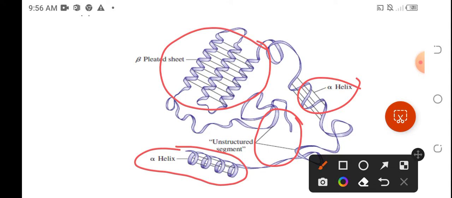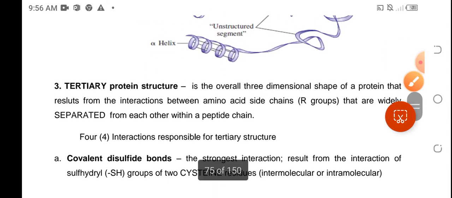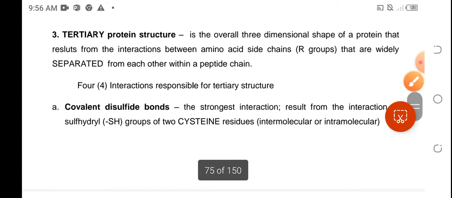Okay? So, another structure is the tertiary structure. So, recap natin. Kanina, dun sa primary, is just the sequencing or ordering of the amino acids. Meron tayong zigzag structure because of the tetrahedral orientation of the carbon and nitrogen in the backbone.